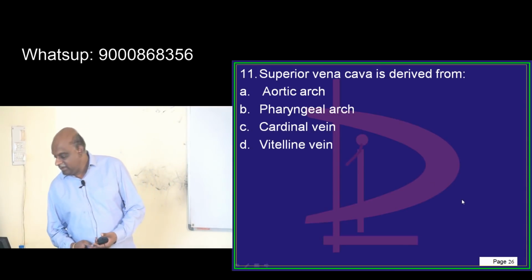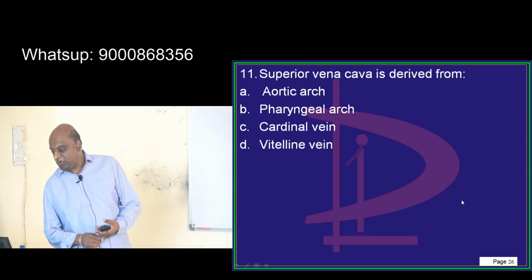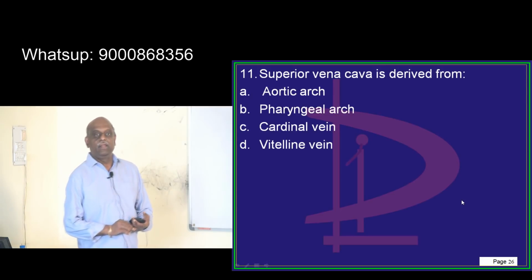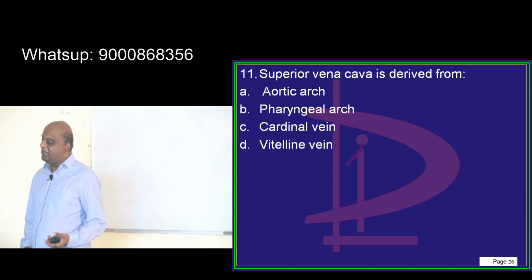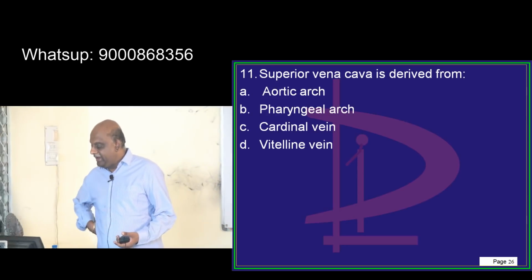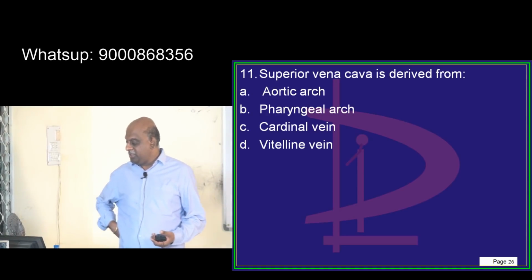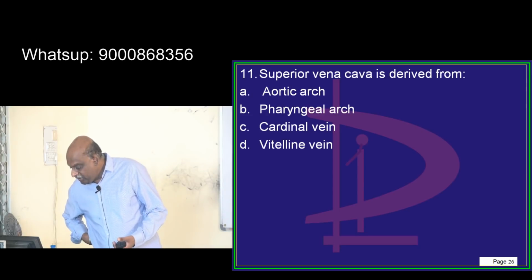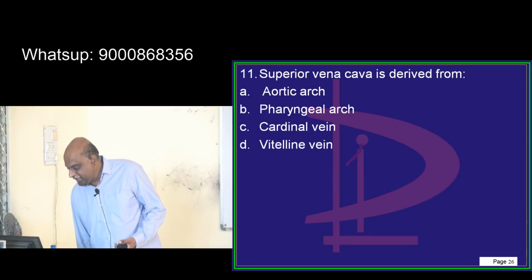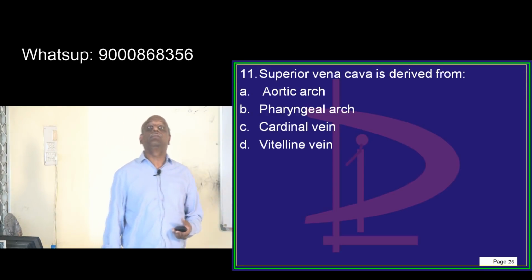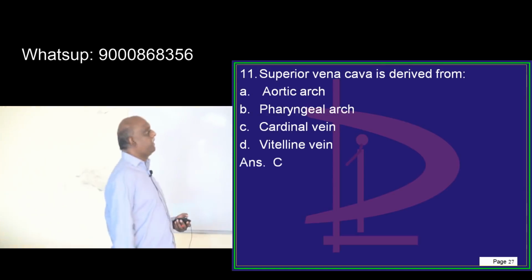Question number 11, I leave it for all of you to give me your answer. From where is the superior vena cava embryologically derived? Very good. Vismaya proposes cardinal vein. Anuj Nigam wants to bet C. Absolutely right.